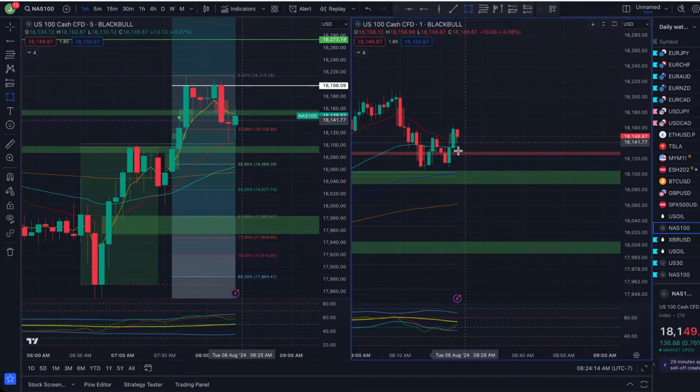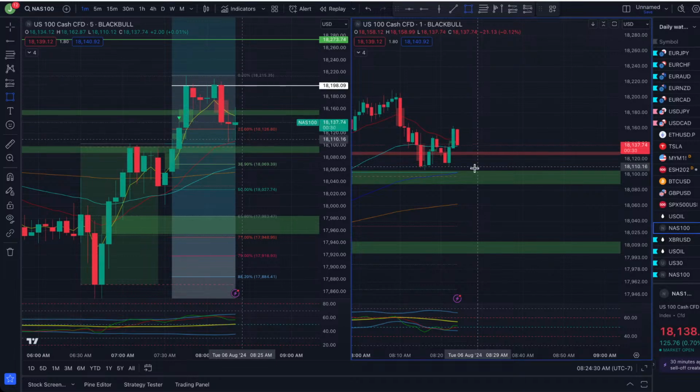If it does, then this retracement, we'd like to see it. Let's see, no, it's taken out our fair value gap. Again, we just wait patiently. Still a good sign. We're still getting our second candle wicking from here.